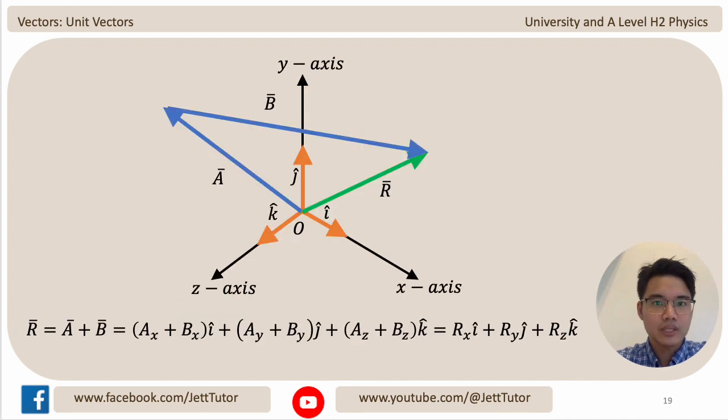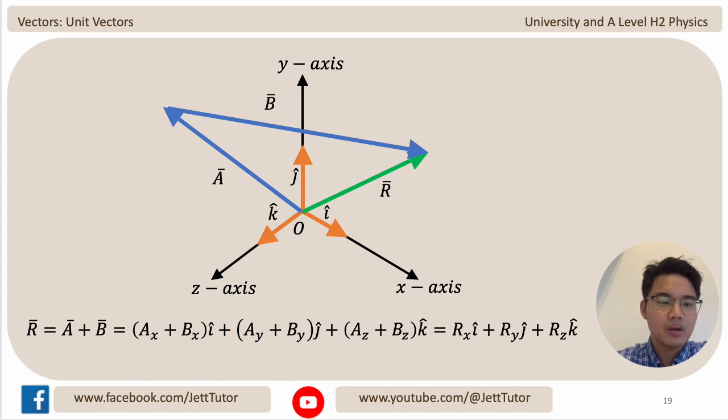For the 3D dimensions of the unit vectors, when we have the x-axis, y-axis, and z-axis, the unit vectors normally represented in the x direction is i hat, the y-axis is j hat, and the z-axis is k hat.